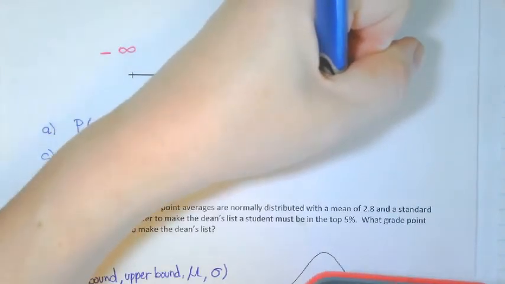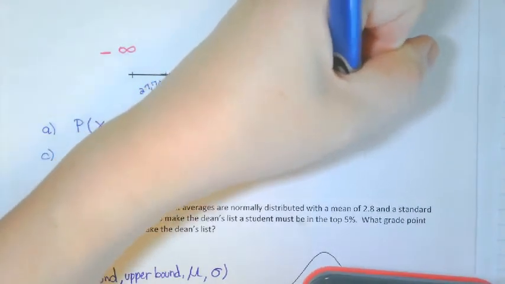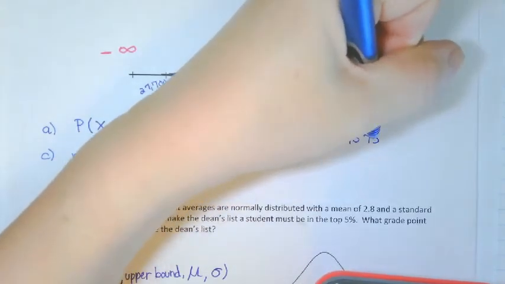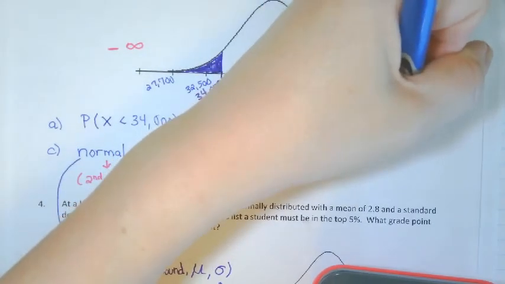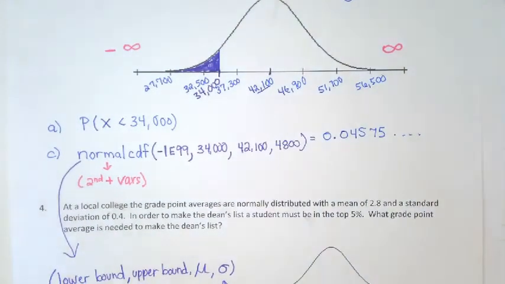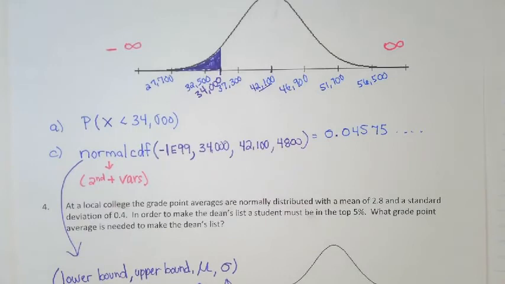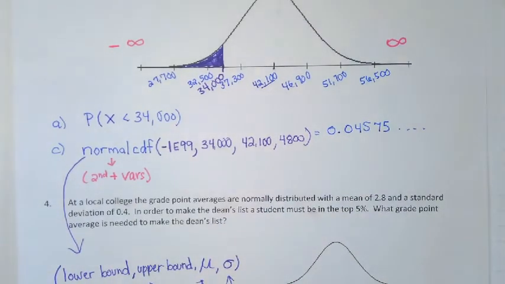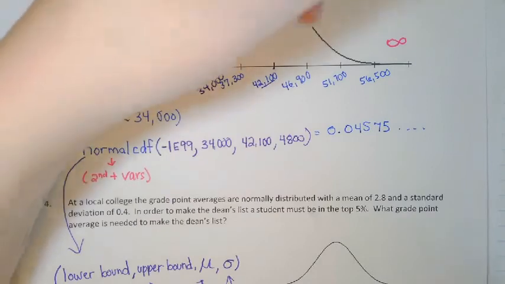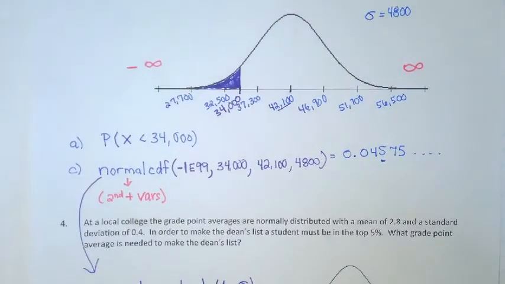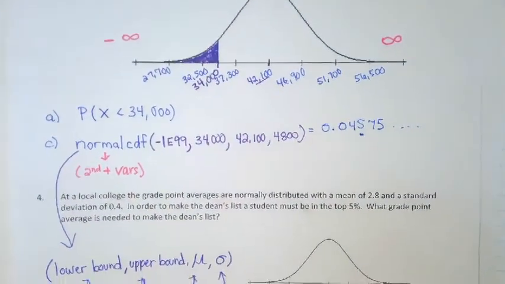So I get 0.04575, and it keeps going. So because it keeps going, we're going to need to round it, and you want to make sure that you're going out to the third place behind the decimal.